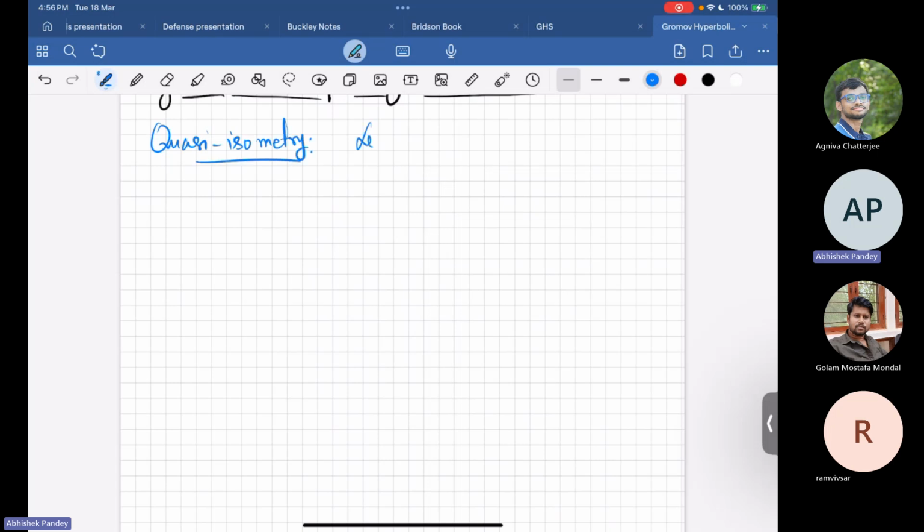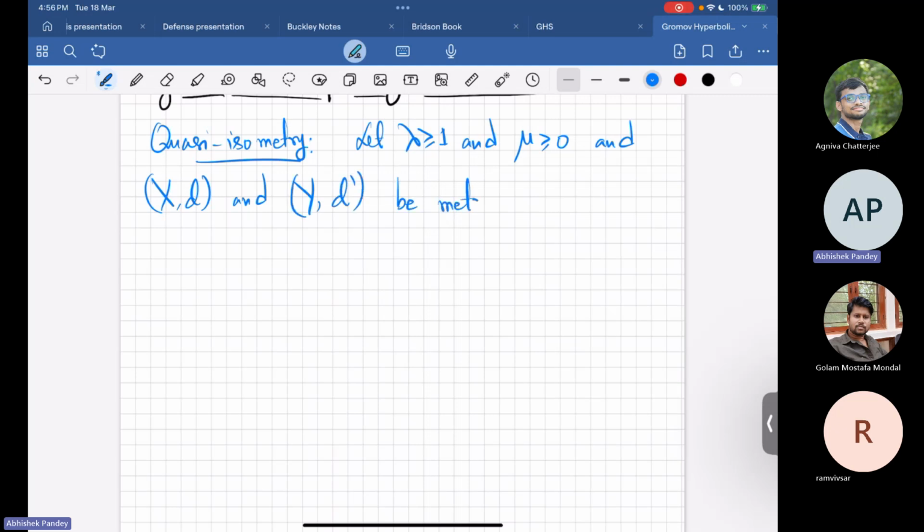So let lambda be greater than or equal to 1 and mu greater than or equal to 0, and let (X, d) and (Y, d') be metric spaces.